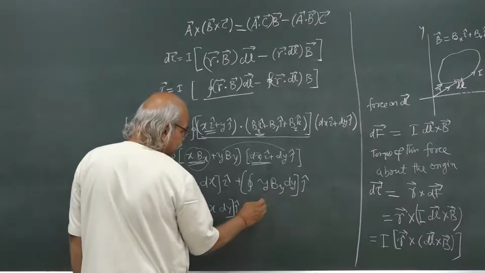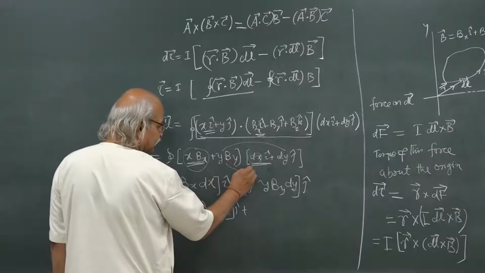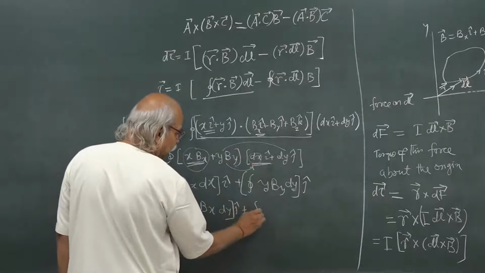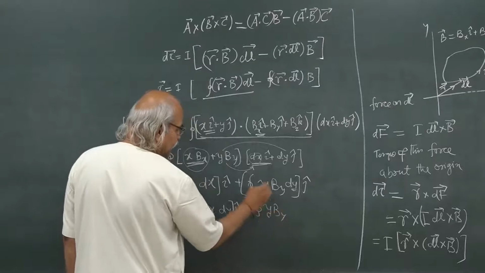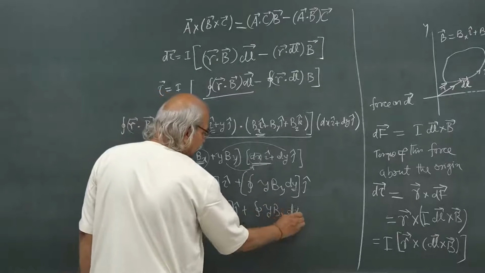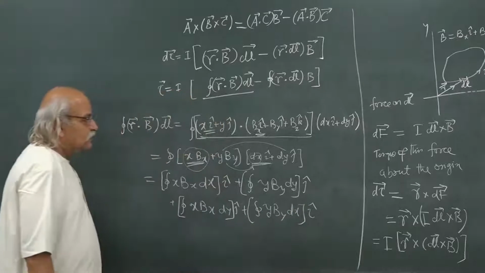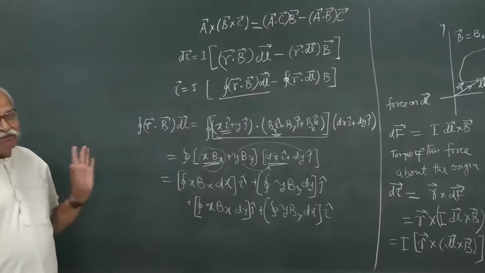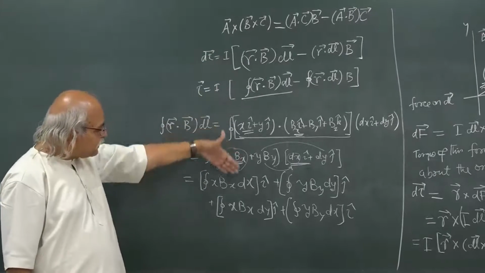What is this thing? What is left here? This one is left, right? This one is left. So integration y by and then dx, and this is I cap. Lot of algebra, but simple algebra. You can just do step by step and you get this.